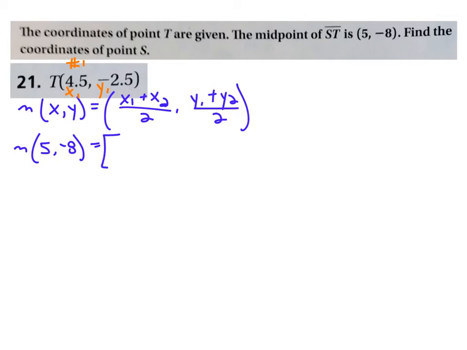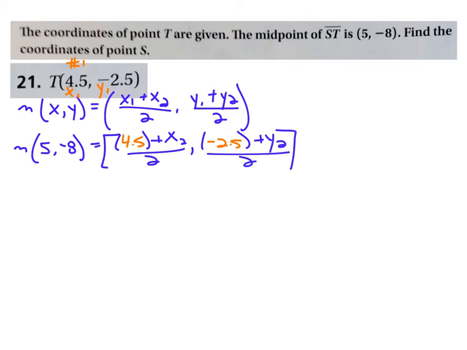And therefore, for x1, say parentheses, 4.5 plus x2 divided by 2, comma, we know y1 to be -2.5 plus y2 over 2. And this is where we've got to break it apart.